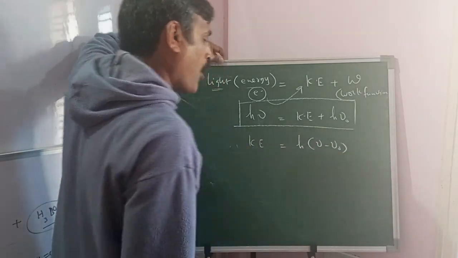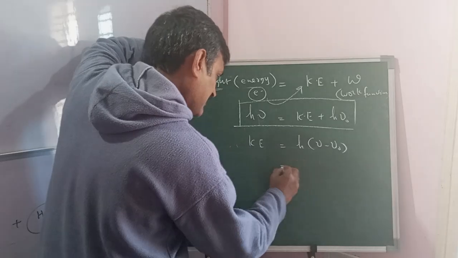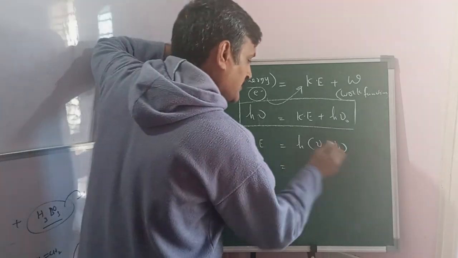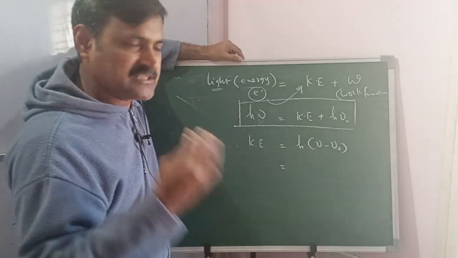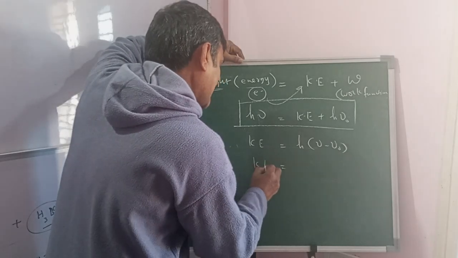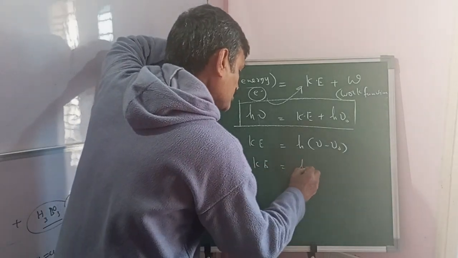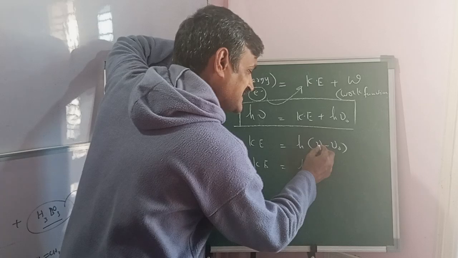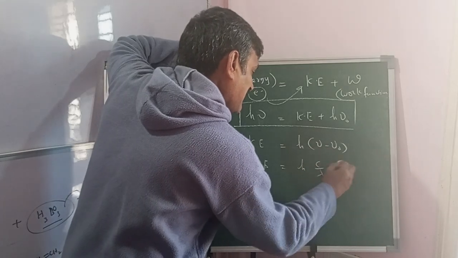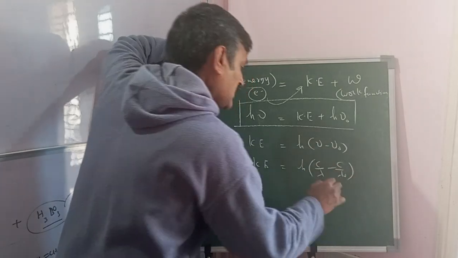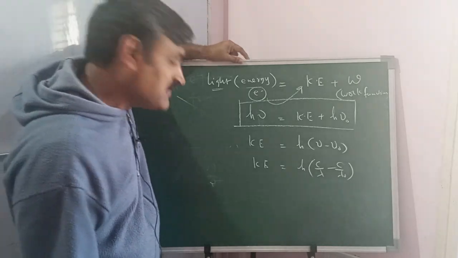We have taken h as a common value here. Whereas if nu and nu naught are not given and the lambda value is given in the problem, then we can extend this as kinetic energy equals h into nu, where nu is c by lambda. So you can write this as c by lambda, and this as c by lambda naught, which is called the threshold wavelength.